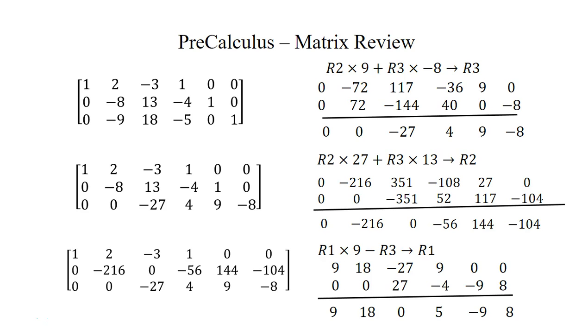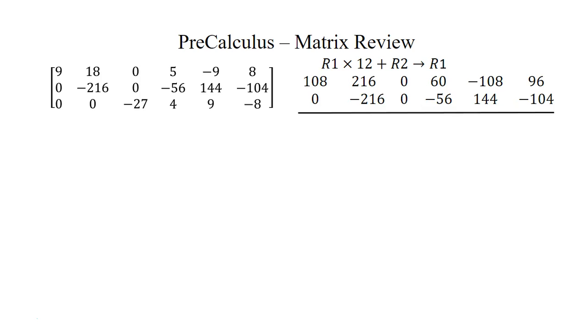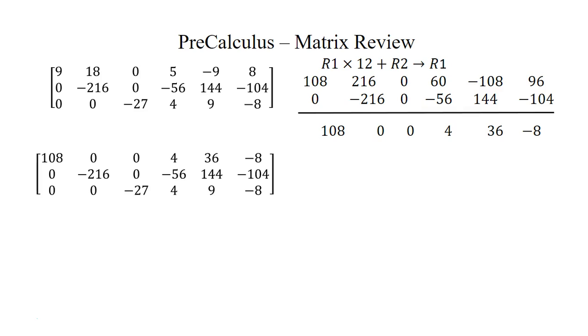Okay, so let's rewrite our matrix again. So this time we're going to multiply row 1 by 12 and add it to row 2, which will eliminate the 18. Now, I have zeros in the first 3 columns everywhere except on the diagonal.